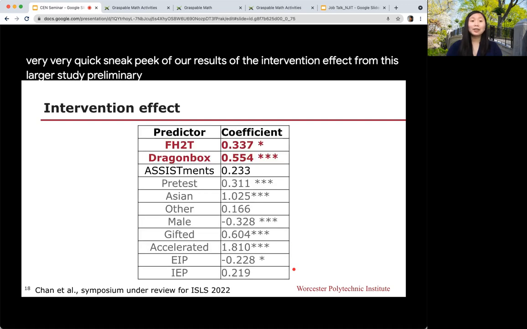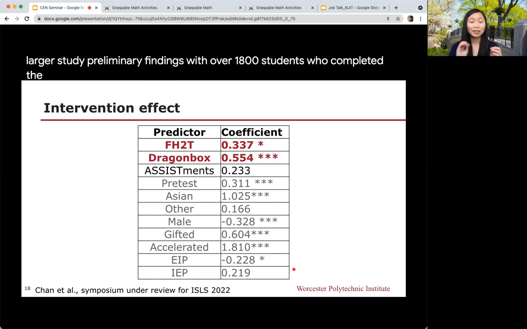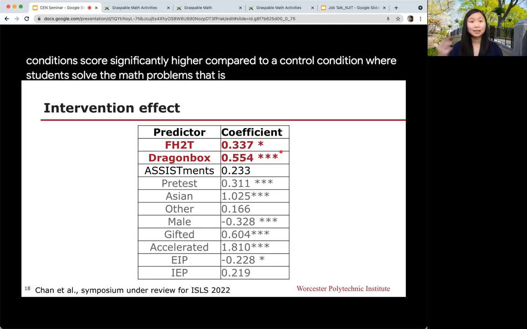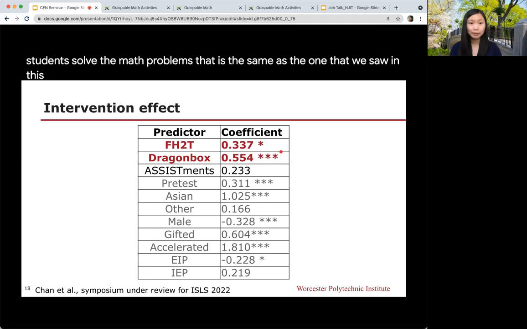Preliminary findings with over 1,800 students who completed the pre-test and the post-test suggest that students in the 2 game-based conditions score significantly higher compared to a control condition where students solve the same math problems as in the assessment condition, but did not receive the immediate feedback or hints.